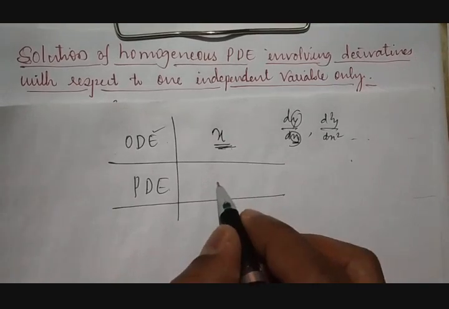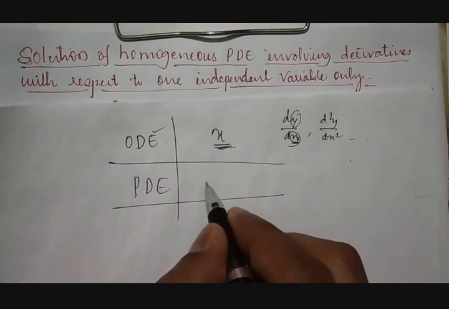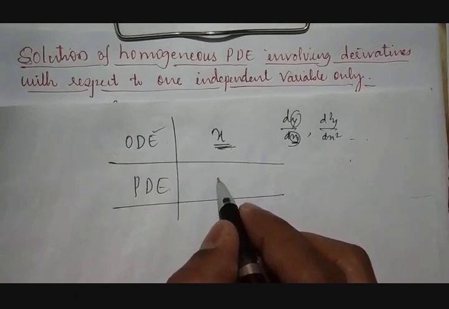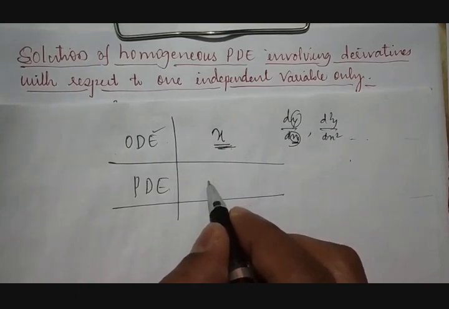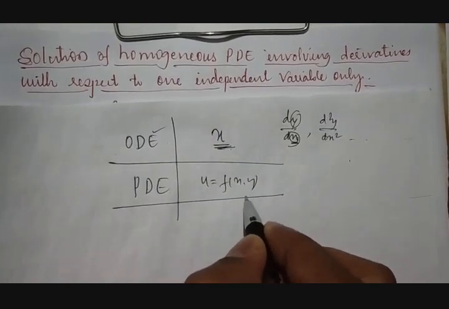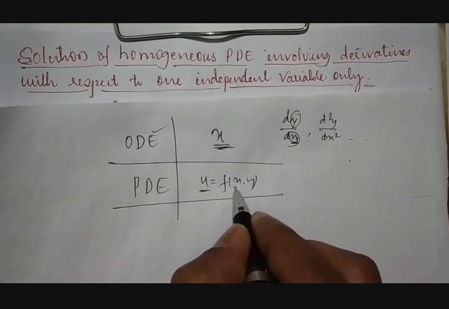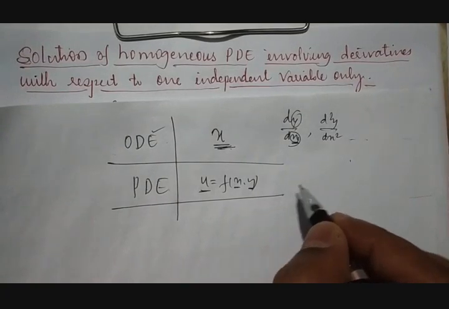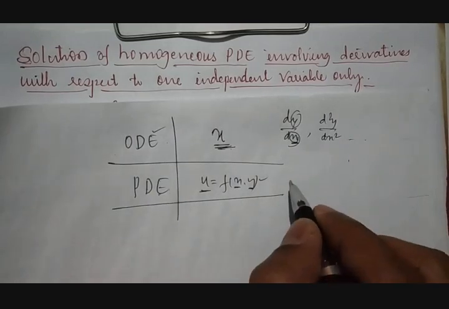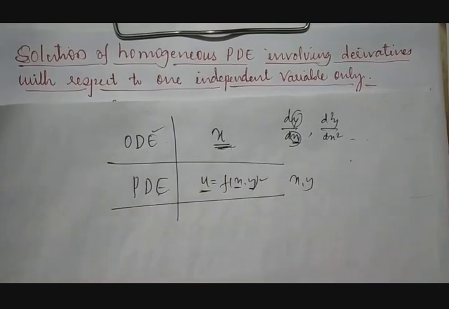A partial differential equation is an equation where more than one variable will be available. For example, if I take u as a function of x and y, then we can say that u will be a function where x and y will be variables. So this is called partial. So in a partial differential equation, more than one variable will be available.